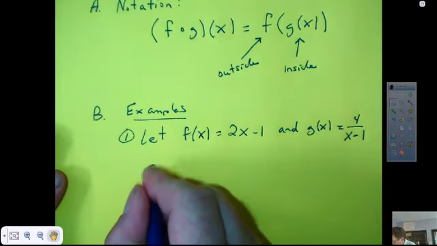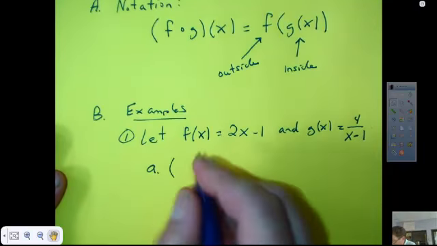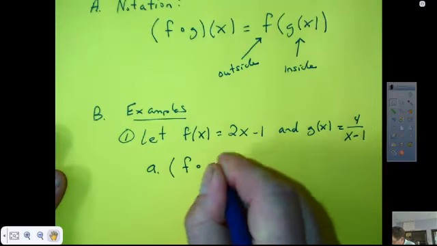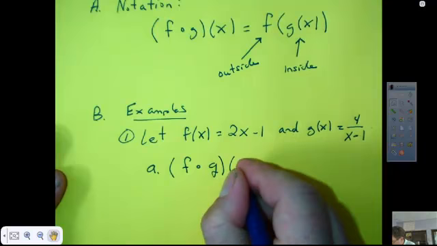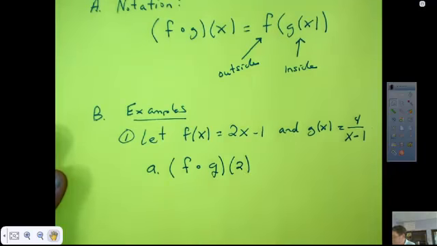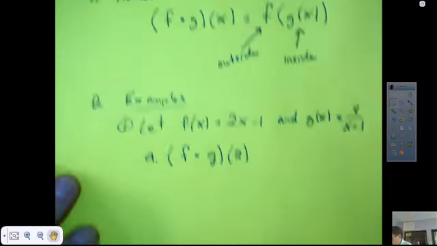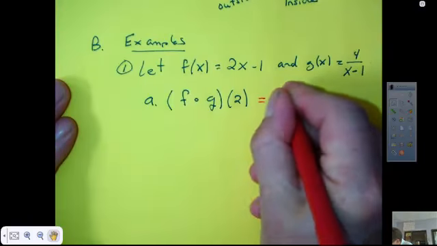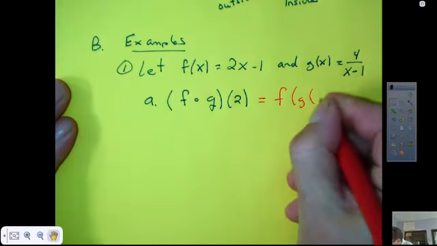And let's say that I wanted to find f composed of g of 2. So it may help to rewrite this: what this means is I'm trying to find f of g of 2.